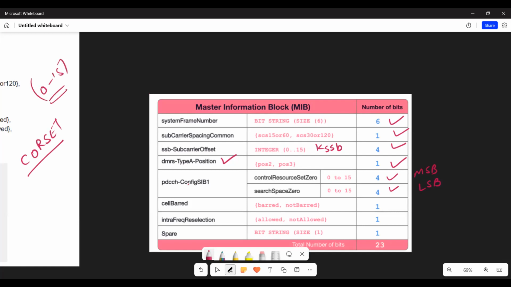Now in 3GPP specifications, we have these tables, like 13.1 to 13.10.